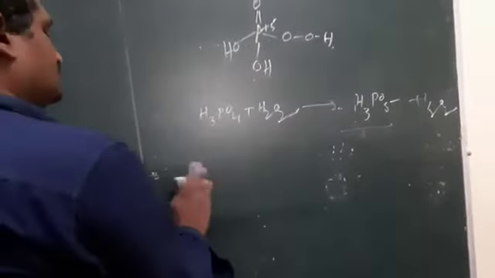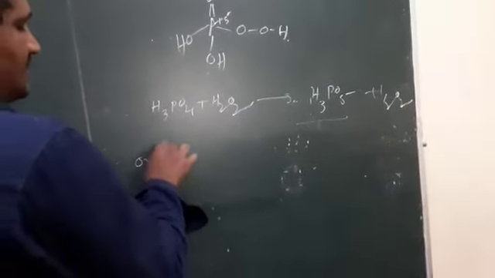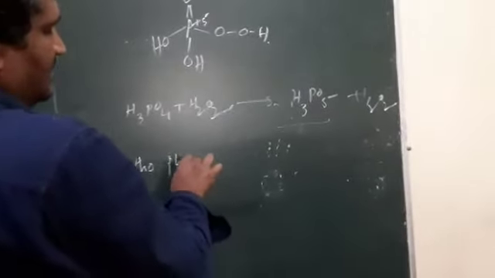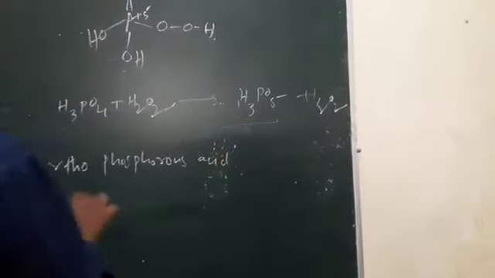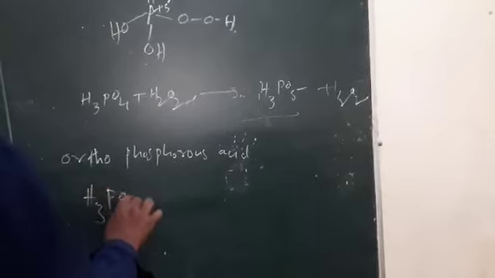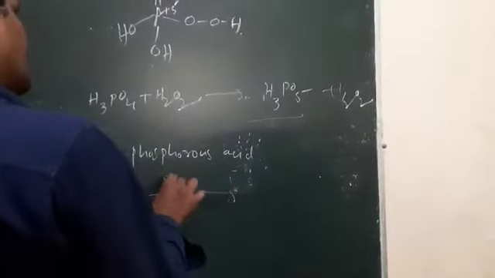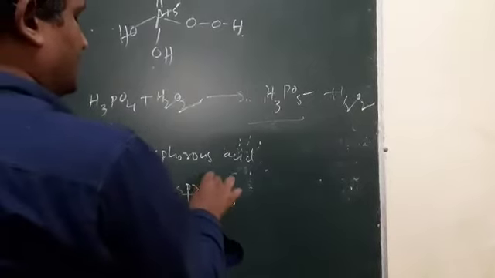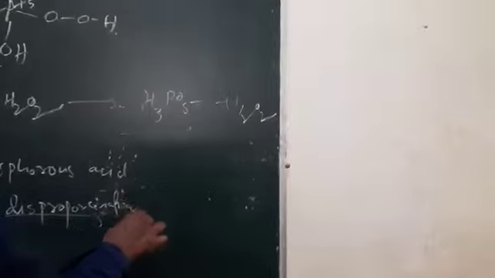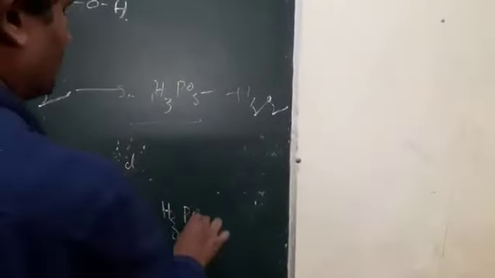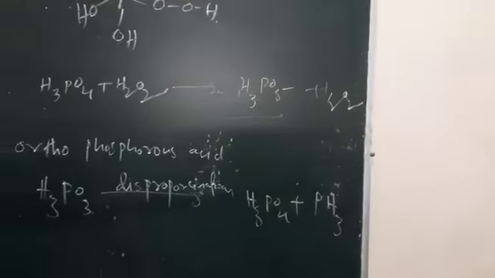Orthophosphorus acid, H3PO3, can undergo disproportionation to form H3PO4 and phosphine.